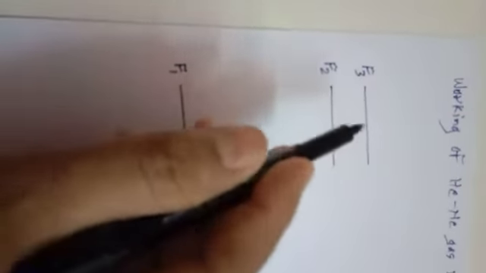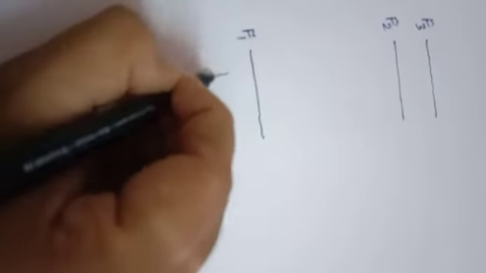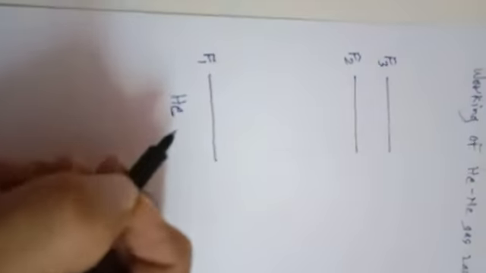I will indicate the helium energy levels with F1, F2 and F3. F1 is the ground state, F2 and F3 are the 2 metastable states. This is the energy level diagram of helium.